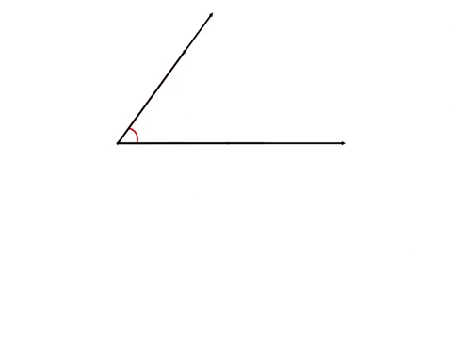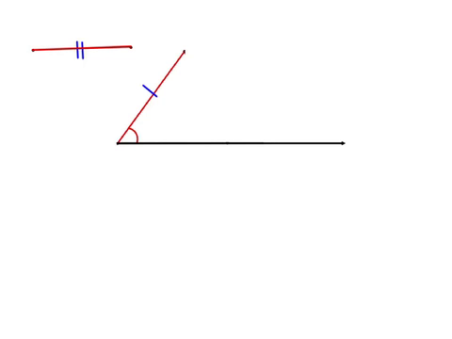We start with a given angle. The black rays represent sides of the angle. And then we're given one of the three sides of the triangle, and we mark it off on one of the sides of that angle. Then we're going to be given another side of the triangle.